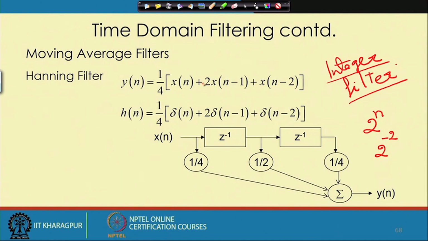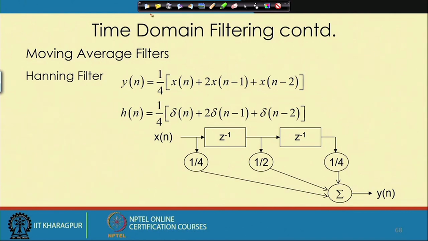The middle one, x n minus 1, multiplied with 2, we can do with the help of shifting again, and shifting is a much easier, faster operation in a microprocessor. In fact, when you fetch the signal, at the same time you can do that job without spending any extra machine cycle.